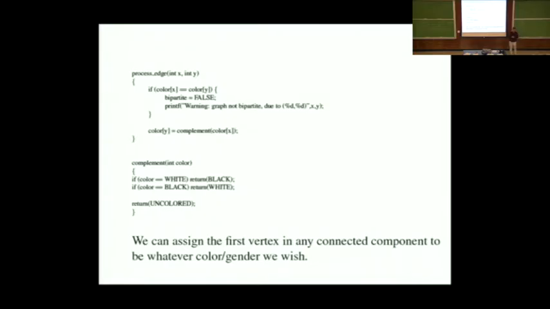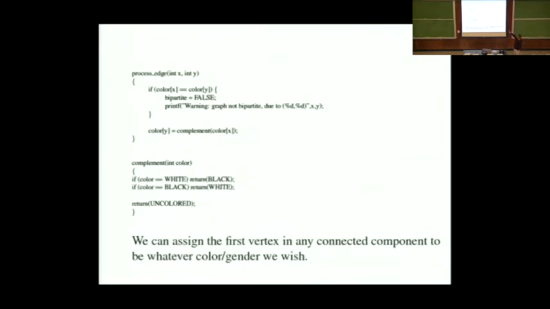And to make my breadth-first search do two-coloring, if I have an edge that goes from x to y, I am going to ask, is the color of x the same as the color of y? If so, I'm in trouble, right? I've discovered a contradiction. The graph is not bipartite and I'd better emit an error message.